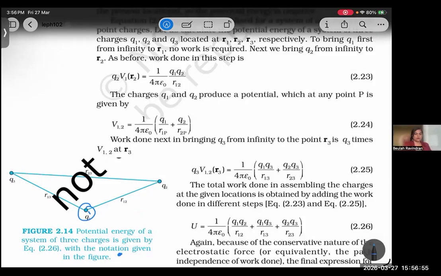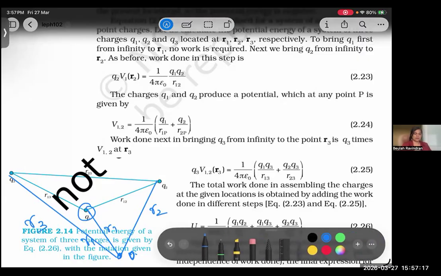Here, the origin of reference is 0. So this might be R1, this might be R2, this might be R3. You can draw, then only you will be able to understand how it is. Clear for you?